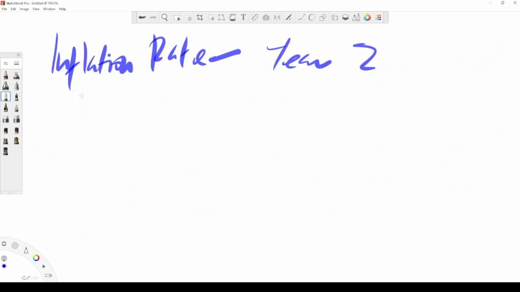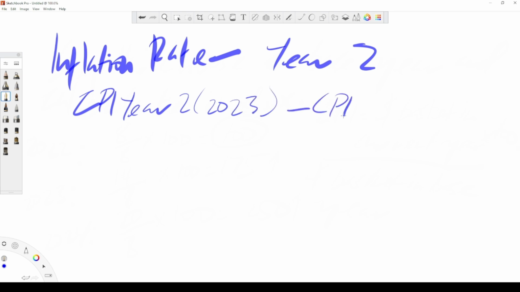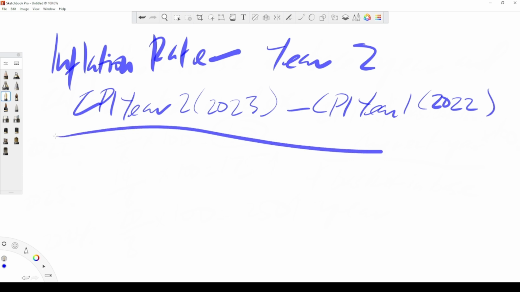So it's the CPI in year 2, which is 2023, minus the CPI in year 1, which is 2022, divided by the CPI in year 1.